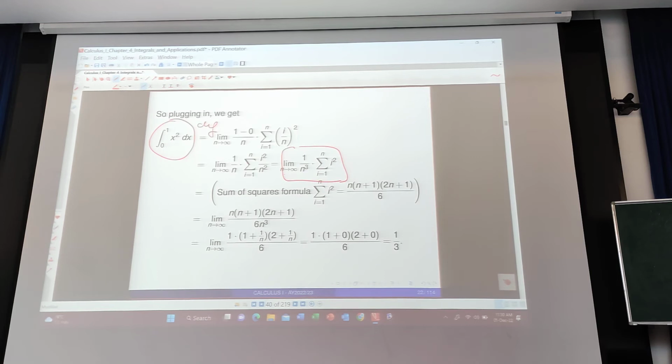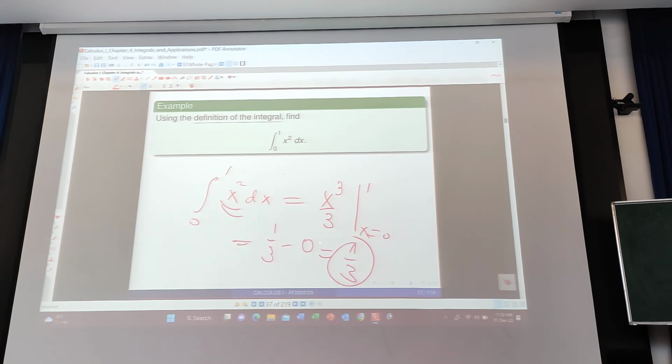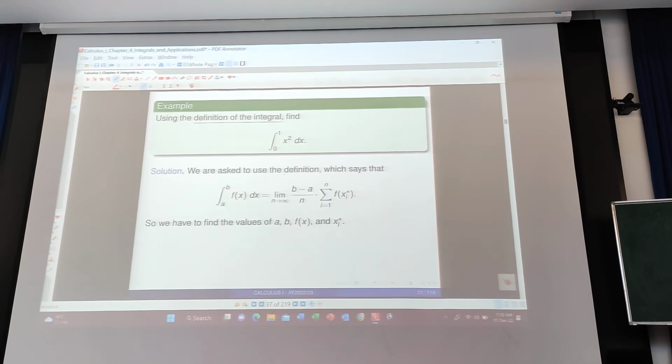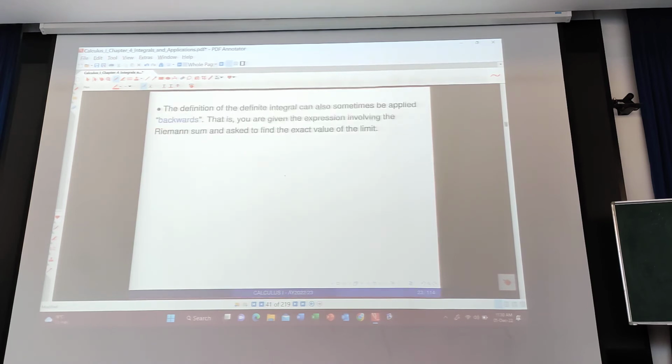Divide each term by n, you get 1 over 3. Exactly if we want to use the Newton-Leibniz formula. But you are asked to do it like that. So next hour, we talk about the other direction.